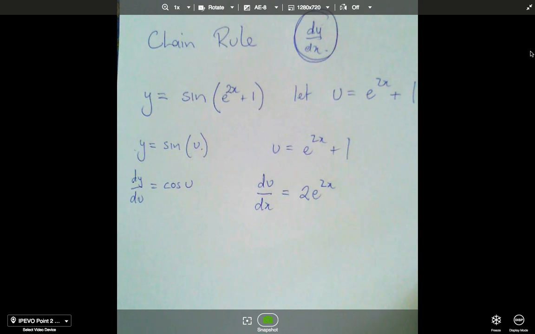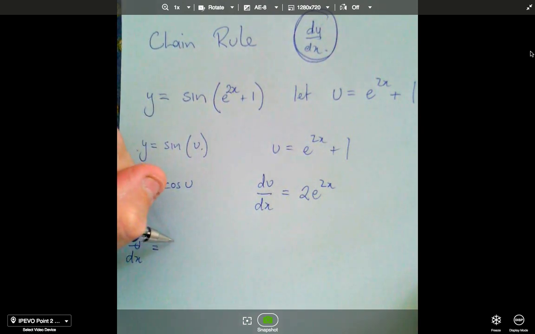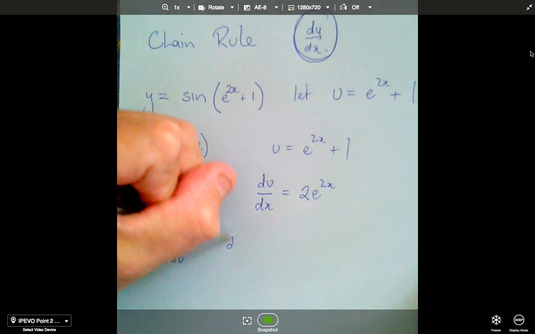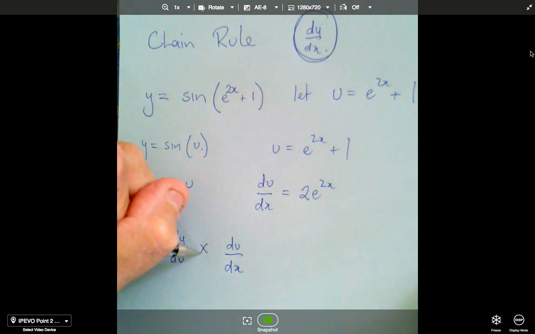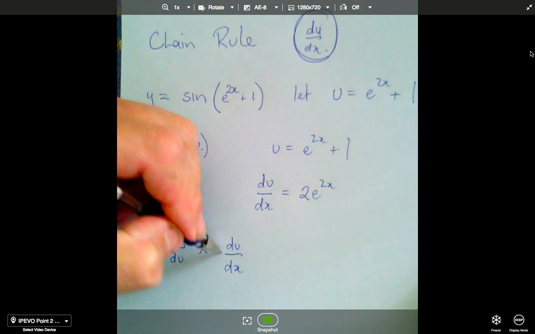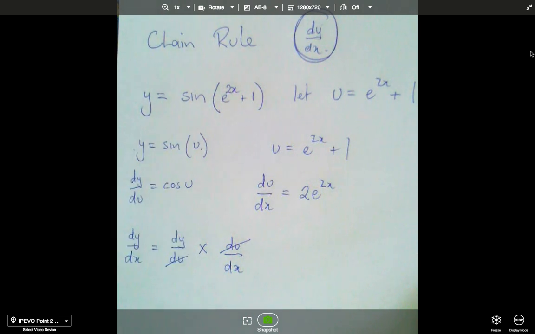Now, what we actually wanted was dy dx. This is why we call it the chain rule. We know that dy du is something, and we know that du dx is something. If we multiply those two things together, that cancels out with that, and we've got dy dx.